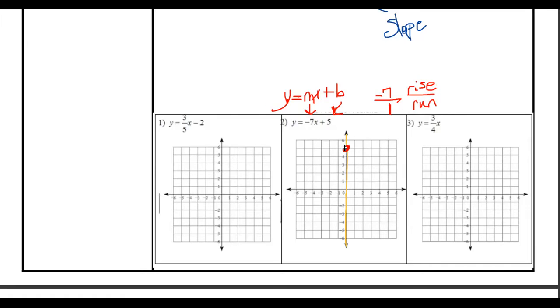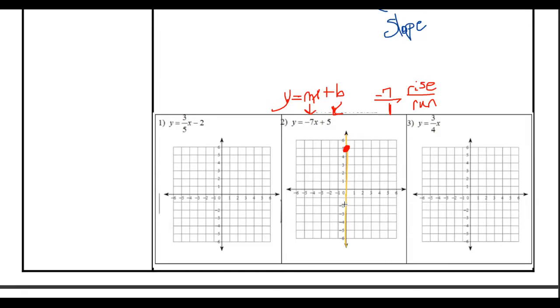Okay, so starting from the point that we plotted, we will go down 7 because it's a negative 7. So from here, I'm just counting 1, 2, 3, 4, 5, 6, 7, and that takes me down here to negative 2.